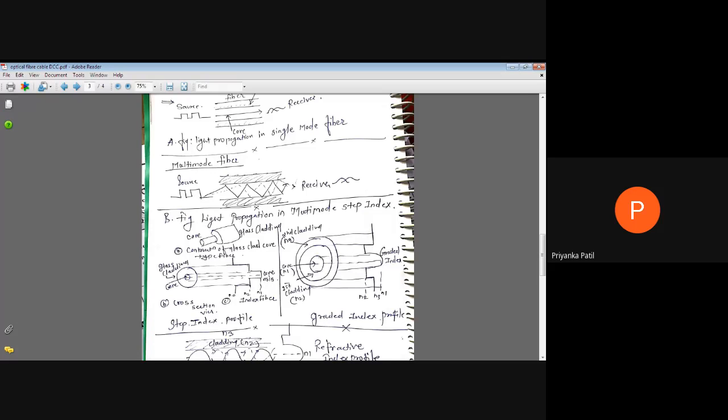Next is the graded index profile. Basically, in the graded index profile, the refractive index of the fiber core does not remain constant throughout the transmission.